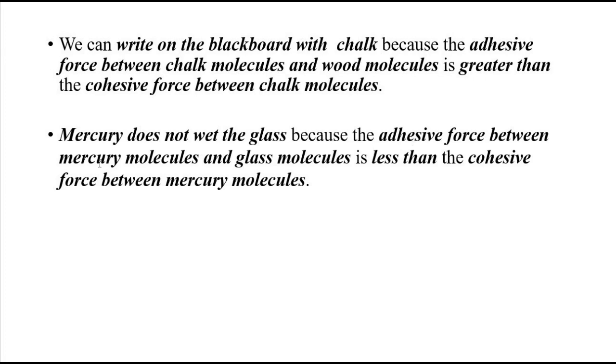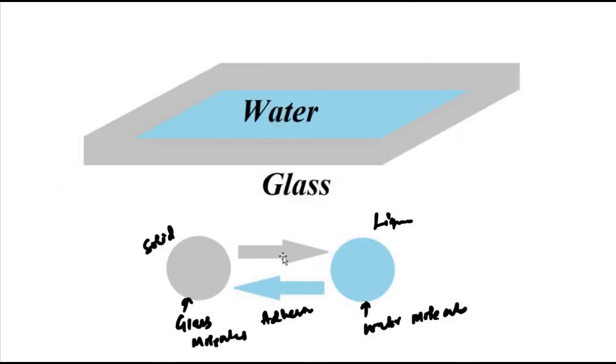The adhesive force is less, the force of attraction between glass and mercury is less, and the cohesive force, or the force of attraction between the mercury molecules, is high. That's why mercury is not able to wet glass in the same way water does, because in case of water and glass, the adhesive force between glass and water is high as compared to the cohesive force between water molecules.